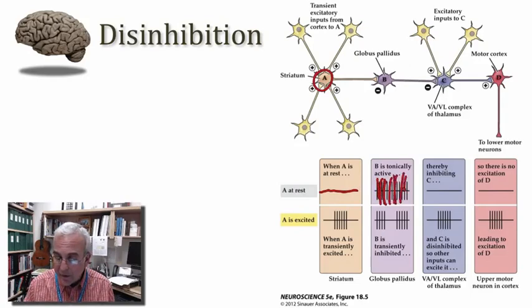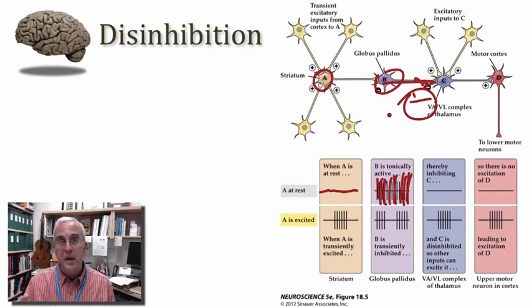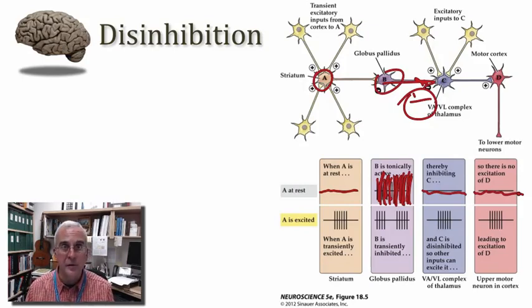So there is tonic activity being generated here in this globus pallidus that is causing inhibitory neurotransmitters to suppress the firing of the ventral anterior and ventral lateral nucleus of the thalamus. So when we have all this tonic activity in the internal segment of the globus pallidus, we can expect there to be profound inhibition in the VA-VL complex. And without activity coming out of the motor thalamus, we would expect little activity, if any, being generated by the cortical spinal tract neurons of the motor cortex.